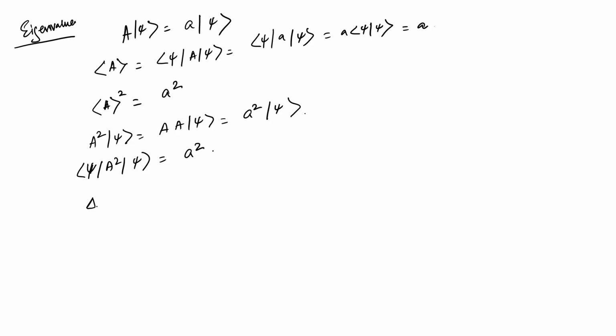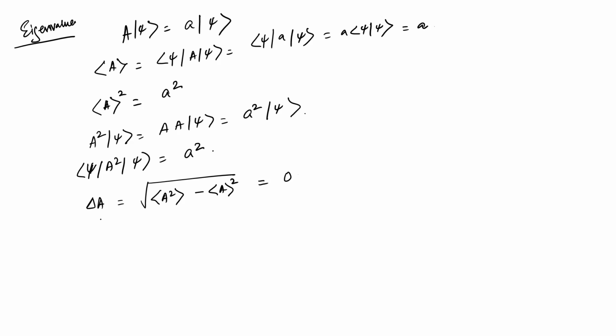So, the fluctuation in A is now given by the square root of the expectation of A squared minus the square of the expectation of A, and both are A squared. So, this is equal to 0.